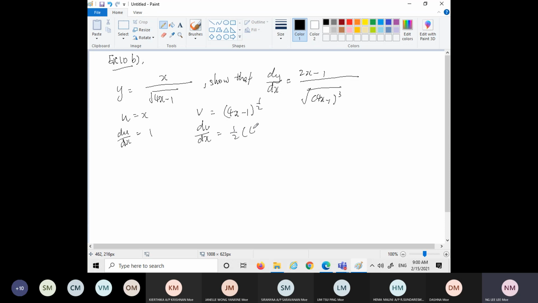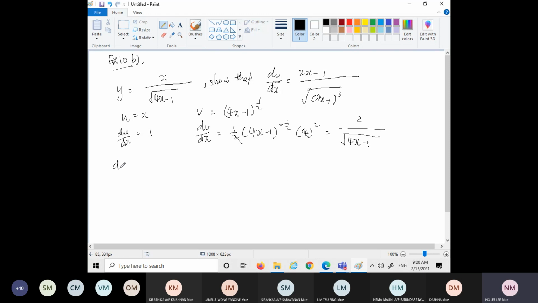Bring down the half, 4x minus 1, power half minus 1, so you get negative half. Then differentiate this, you get 4. Same as just now, this is 2. This is a negative power, so it goes to the denominator, so I write the square root of 4x minus 1.